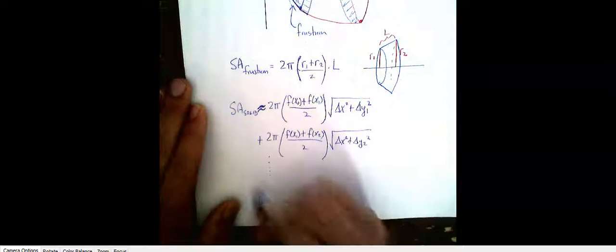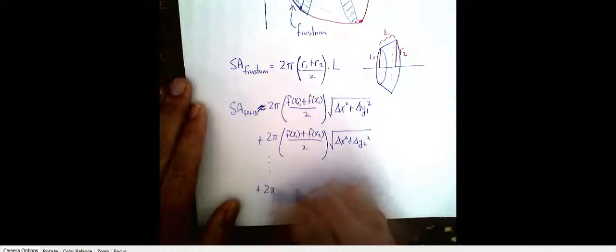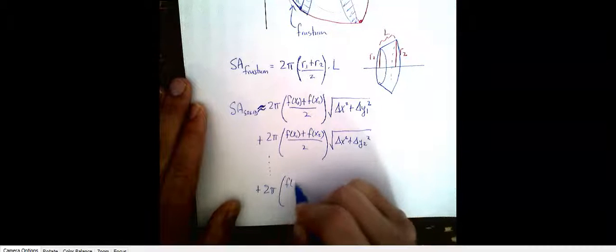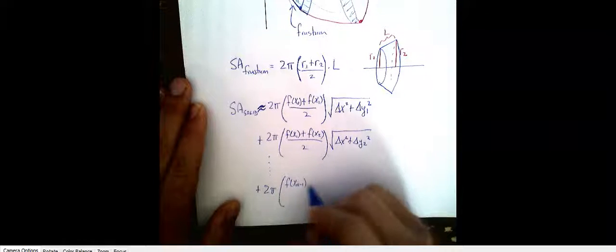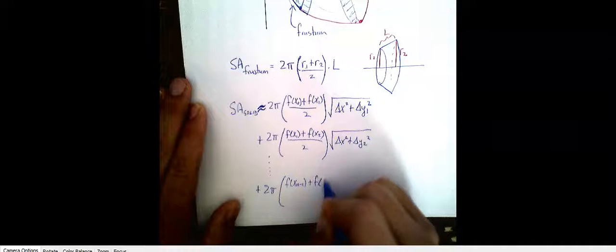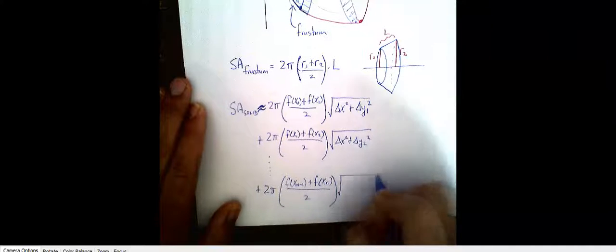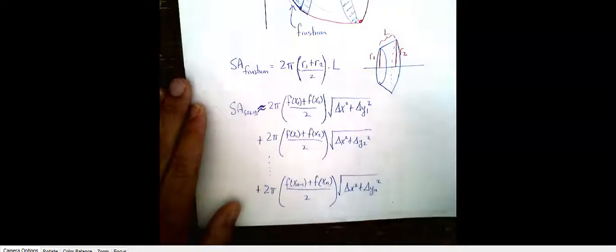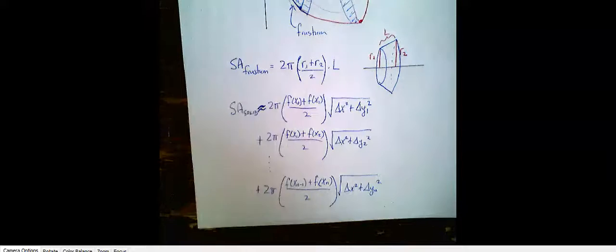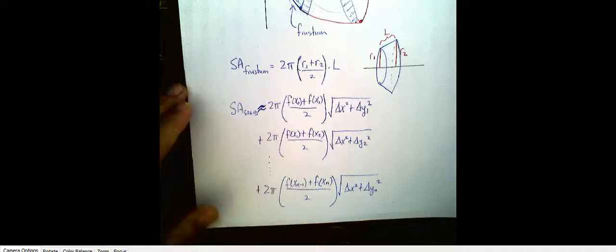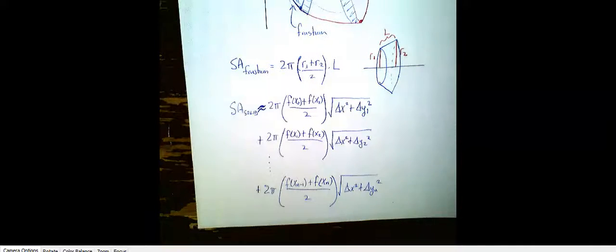So the very last one would be (f(x_{n-1}) + f(xn))/2 times the square root of delta x squared plus delta yn squared. So again, we're just adding up all of these surface areas, okay?